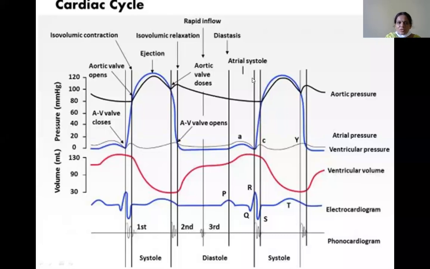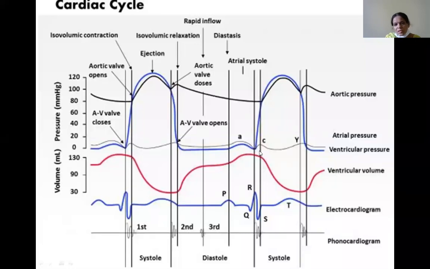Here, this is the phase of isovolumetric contraction. What happens at this phase? When the blood has come into the ventricles totally, what happens? The AV valves, atrioventricular valves, close, and the semilunar valves are closed.